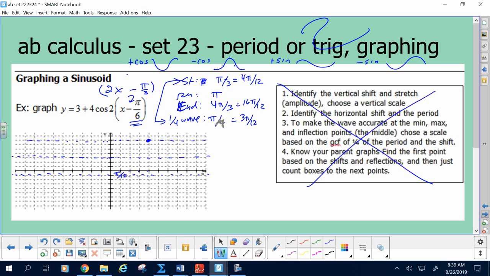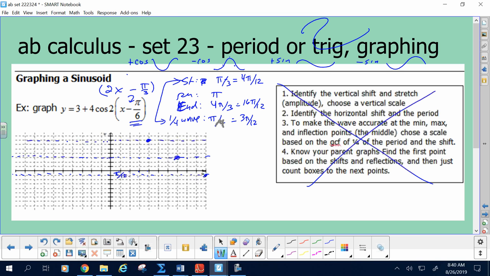Now, the second point is a quarter wave away. So how many pi over 12s do I go to the next point? 3. So I'm going to go 1, 2, 3 over. And will I be at the top, the middle, or the bottom? Middle. And I'm going to go 1, 2, 3 over. And where will I be then? The bottom.